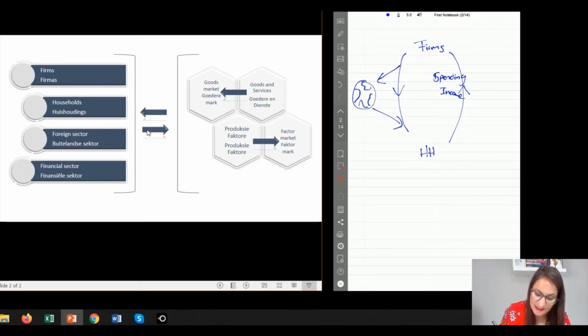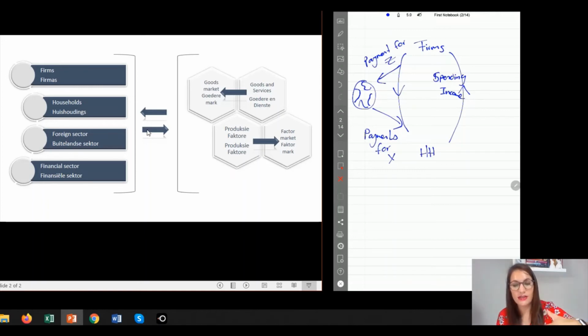That is payment for imports. It's money flowing out of the country, payments for imports. And this is payments for your exports. It's money flowing from the rest of the world into South Africa for all the goods that we have exported.